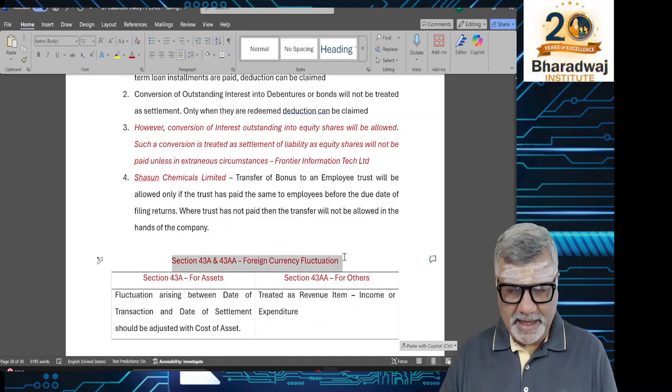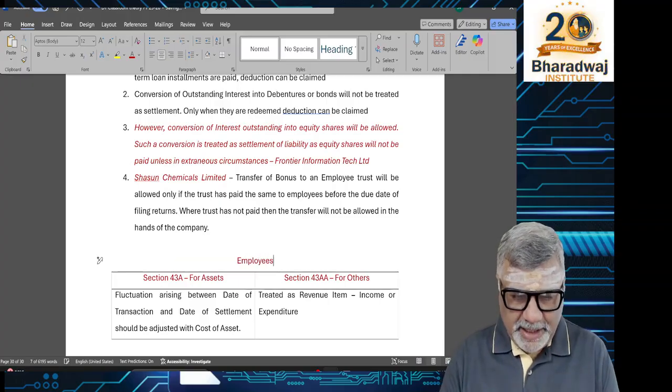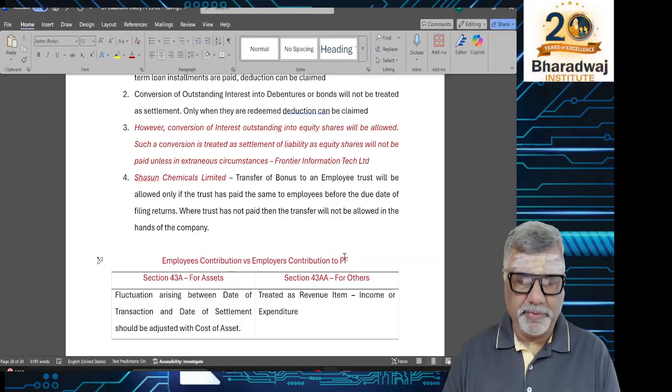Now to the next important discussion: employees' contribution versus employers' contribution to PF.